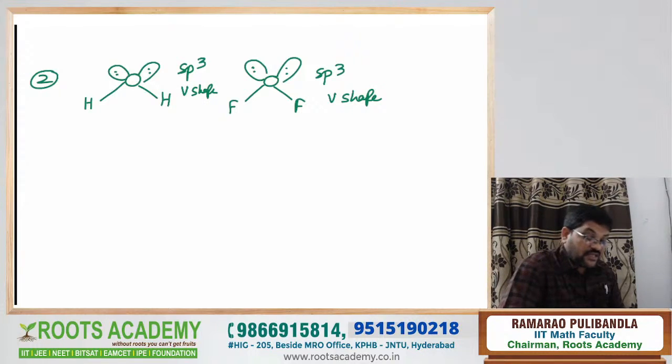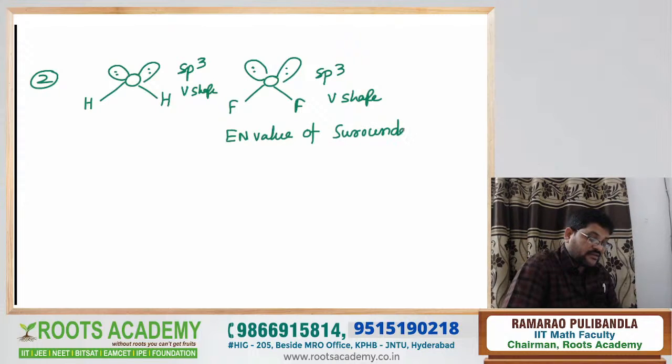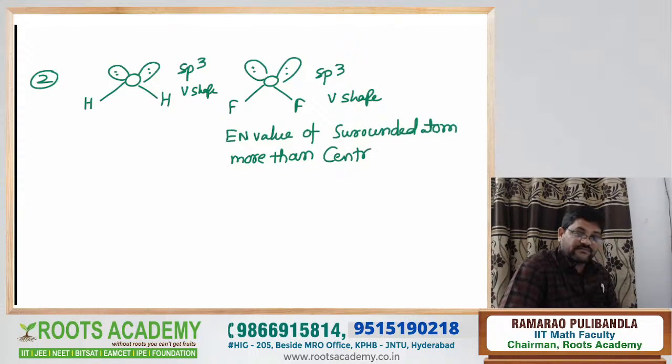Now see, in the given molecule, the electronegativity (EN) value of the surrounding atom is more than the EN value of the central atom. Yes, very good, Nana. Nitish, very good.